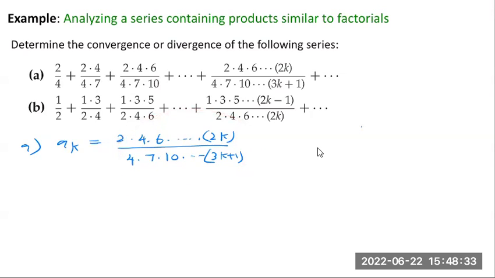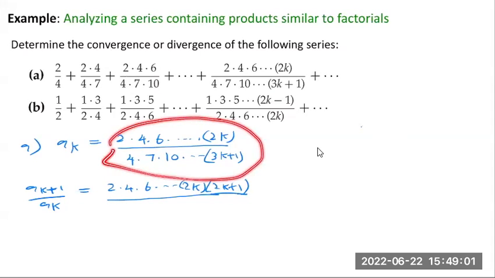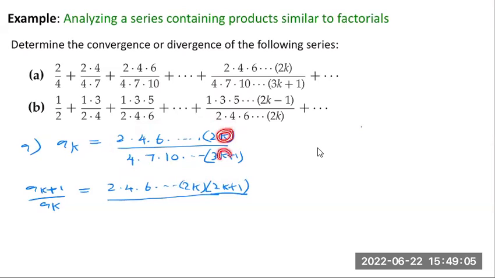Now you can calculate the ratio, a_(k+1) divided by a_k, pardon me. a_(k+1) divided by a_k is going to be 2 times 4 times 6 ... 2k times 2k plus 1, pardon me. Since your a_k is this expression, to get a_(k+1), you replace your k by k plus 1.